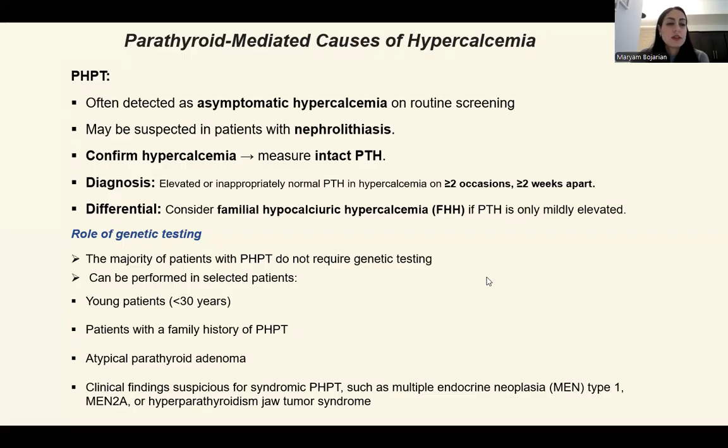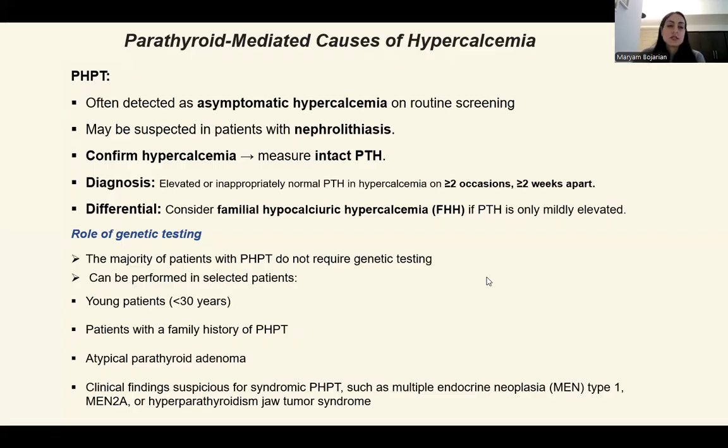And when do we do genetic testing? Because primary hyperparathyroidism can be part of genetic disorders, but thankfully, most patients with primary hyperparathyroidism do not require genetic testing. But if you have a patient diagnosed with primary hyperparathyroidism at age less than 30, if your patient has a strong family history of primary hyperparathyroidism or atypical parathyroid adenoma, then you can think about genetic disorders such as MEN type 1, MEN type 2A, or hyperparathyroidism-jaw tumor syndrome.